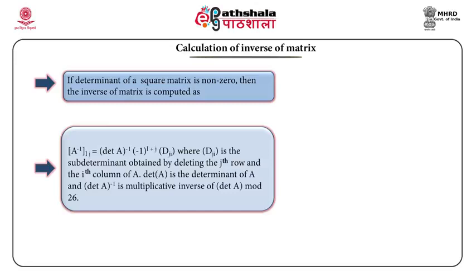D represents the subdeterminant obtained by removing the jth row and ith column. What you need to keep in mind is that we started with a_ij, where i represents the row and j the column, and when we went ahead in the equation, it is D of ji, that is, j becomes your row number and i becomes your column number.